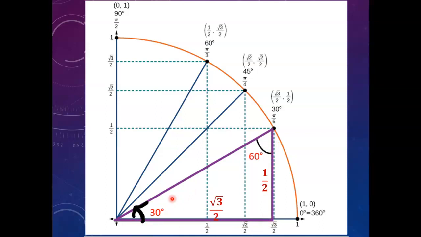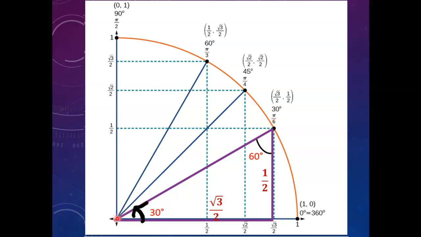Now, let us relate the sides according to the ratio of the 30, 60, 90-degree triangle. If you notice here, the 30-degree angle has an adjacent side of square root of 3 over 2, and the one opposite it is 1/2.